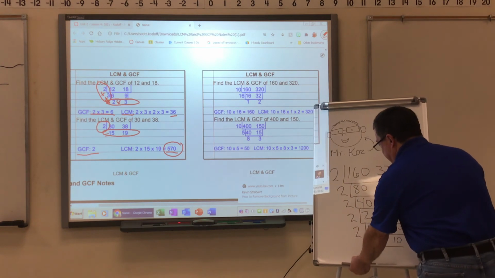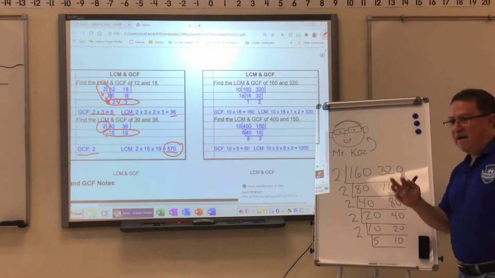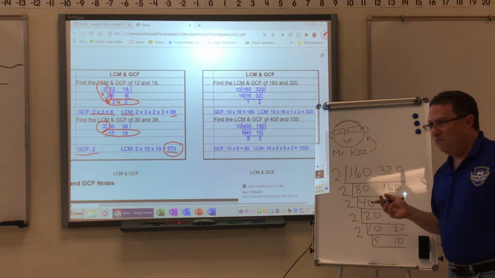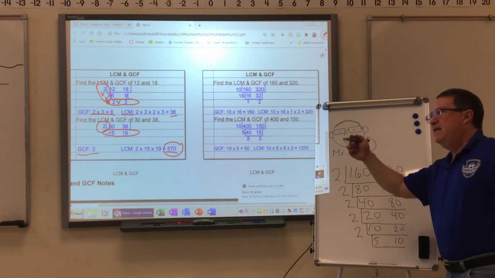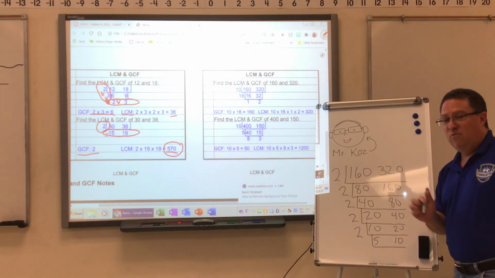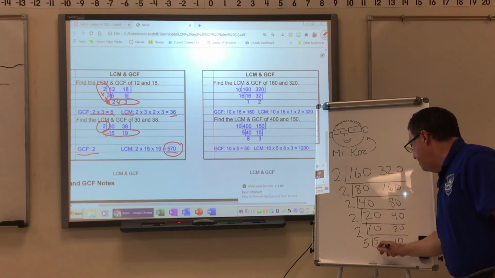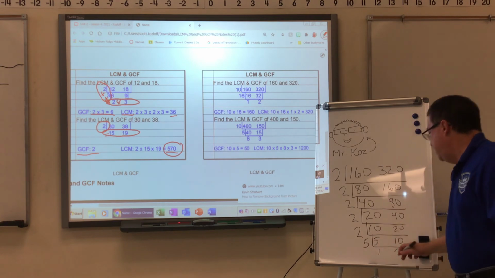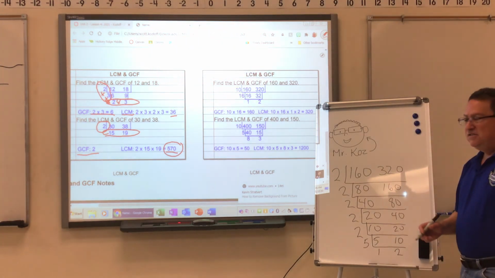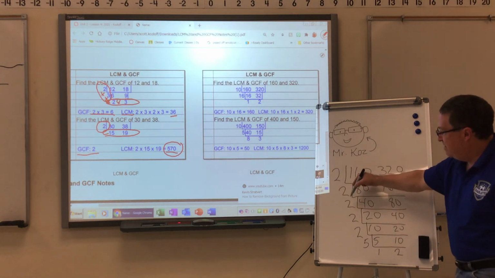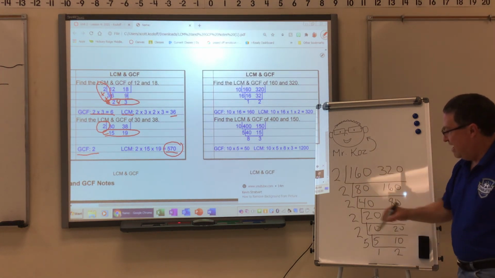I believe you can see this. If I try the number 3, which is the next prime number, it doesn't work. So then I go to the next prime number, which is 5. And I'm going to show you that yes, 5 goes into 5 once and to 10 twice. So my greatest common factor is 2 times 2 times 2 times 2 times 2 times 5.